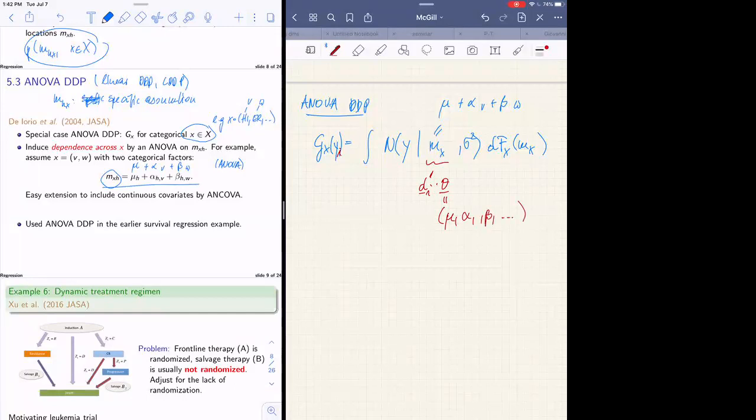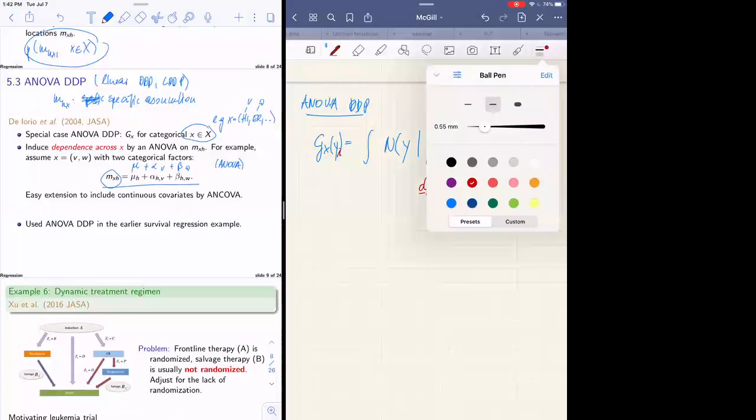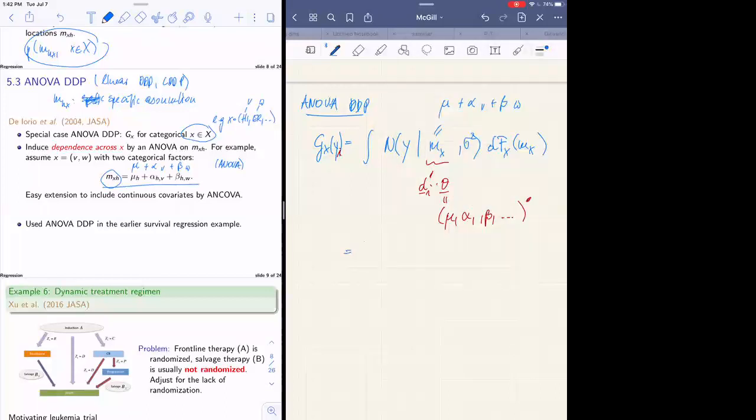For those of you who are familiar with writing ANOVA in terms of a design vector, this is probably familiar. You can just put down a vector of all the ANOVA parameters and introduce a design vector that picks the appropriate ANOVA parameters. If you write it like this, then it becomes a normal kernel centered at d_i prime theta, sigma squared, and now we can just say dF of theta.